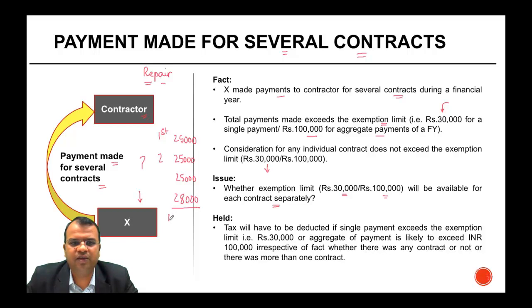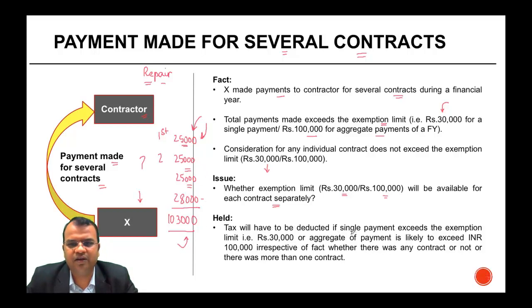Now the four of them taken together are 1,03,000. But individually, each one of them is less than 30,000. So the question is, is the exemption available? And it has to be looked at contract-wise, or you need to look at it in totality.